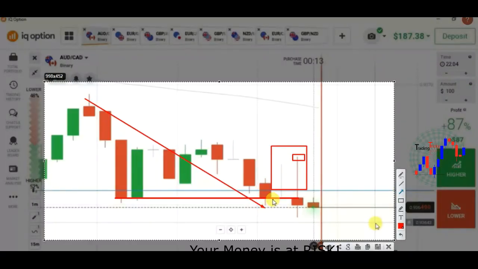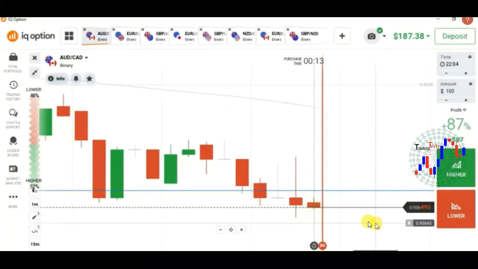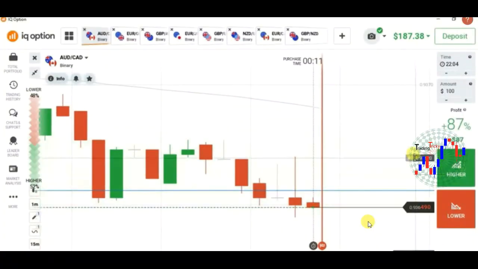Though this is a downtrend, it's not a strong momentum, and both candles have buyer's entry. Again buyer's entry, new high, new low, but the candle close is still within the level. Though there is a new low, I will go with buyers if I have good confirmation because of this rejection. So I'm waiting for confirmation. Okay.